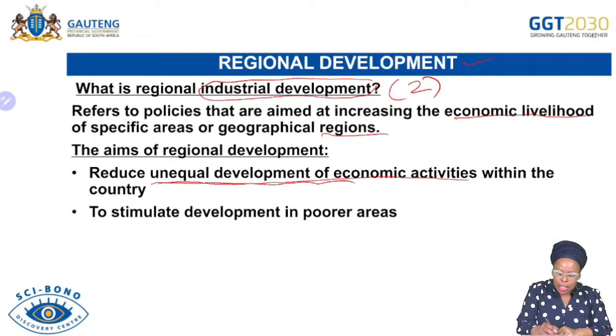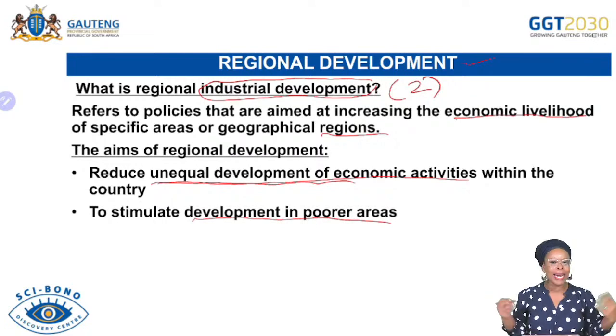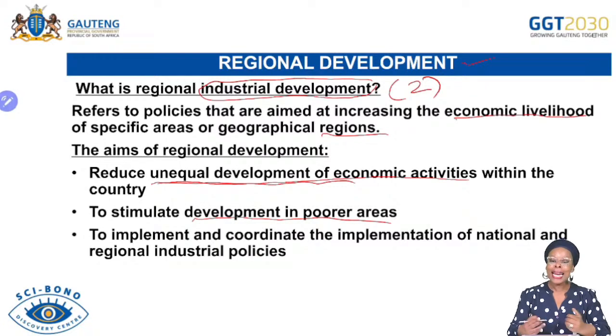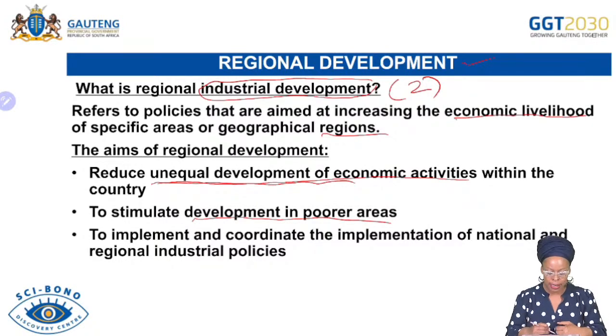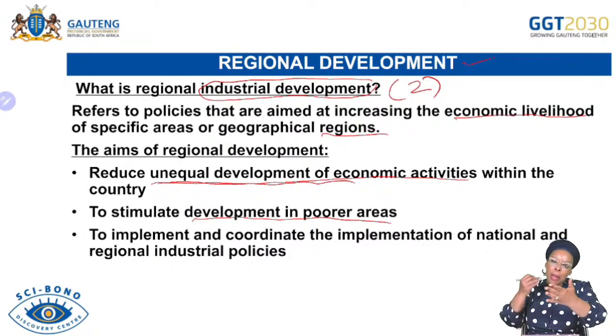It aims at stimulating development in poorer areas. There are poorer areas in South Africa which need development, and regional development policies will be utilized to achieve that. Another aim is to implement and coordinate the implementation of national and regional industrial policies. So these policies are available. They must be put in place.